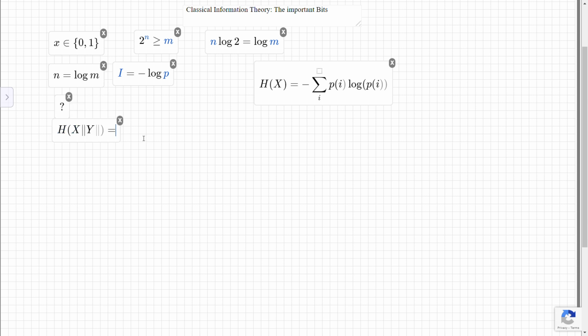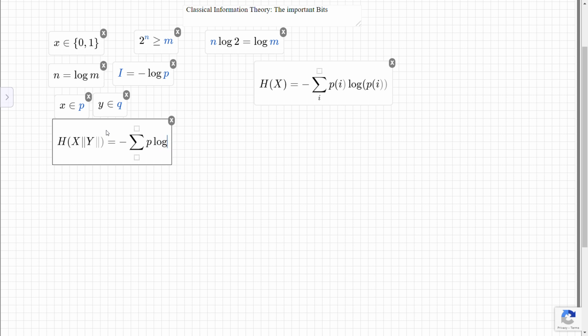So the relative entropy of x is going to be, okay, for some reason it's not coming up, so let's define this as p and y as q. Then this is going to be minus sum of p log p upon q.